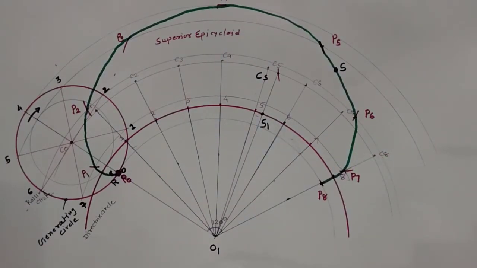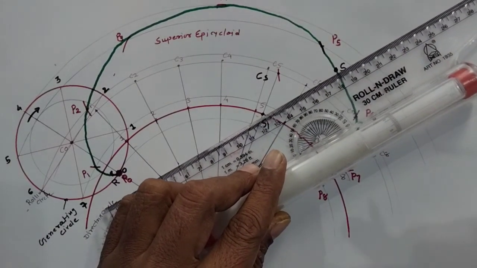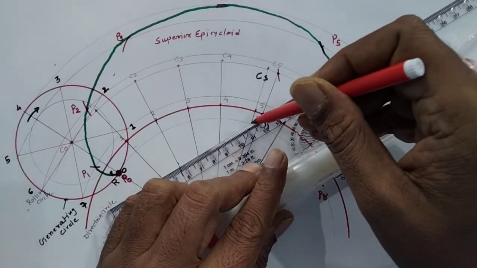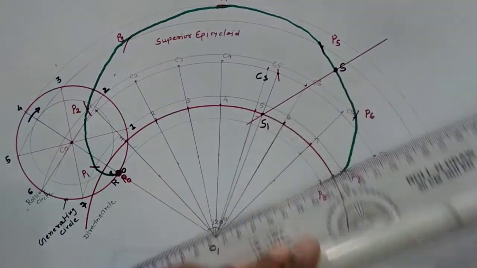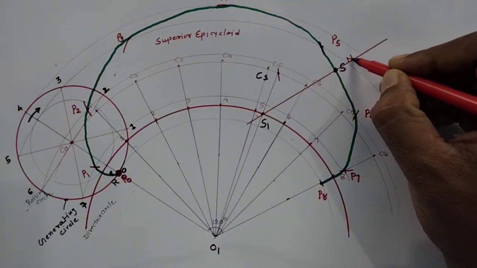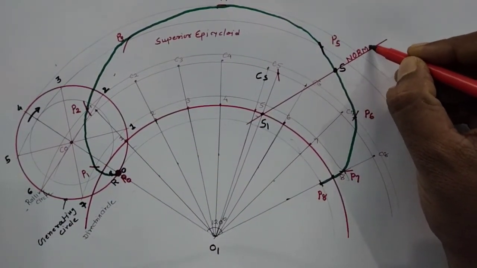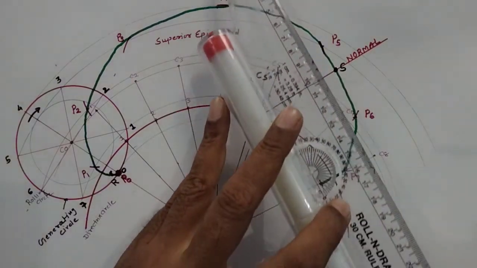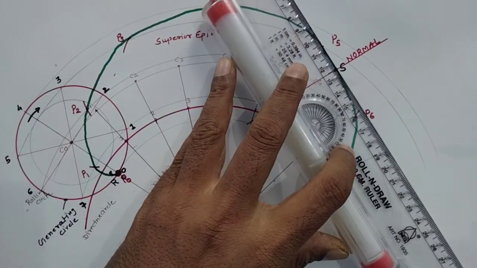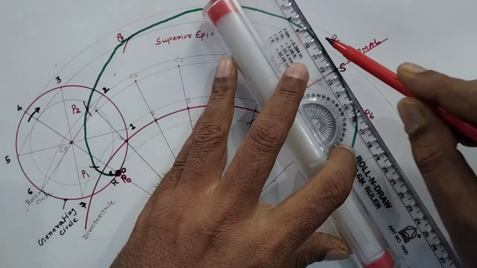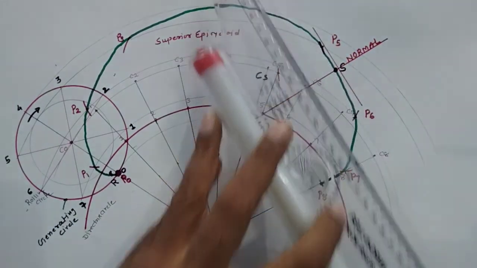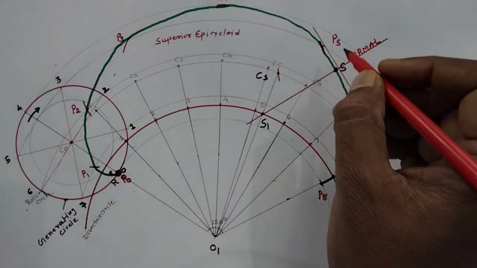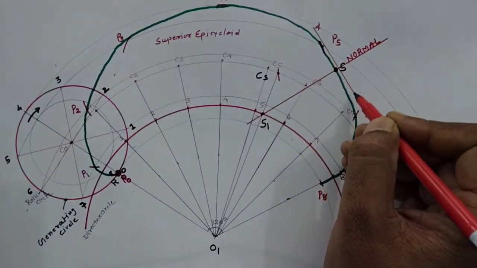And you join your S and S1 with a straight line. It is the normal to our superior epitrochoid. At the normal, I draw the perpendicular line to the normal which passes from the S point. This is our tangent AB.